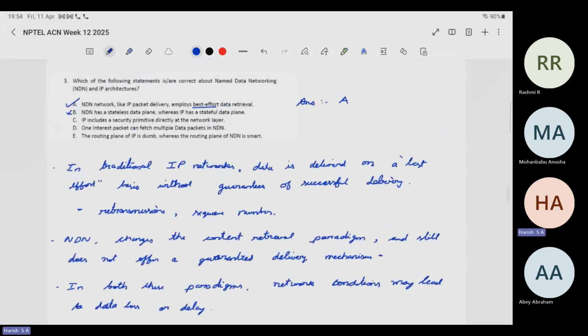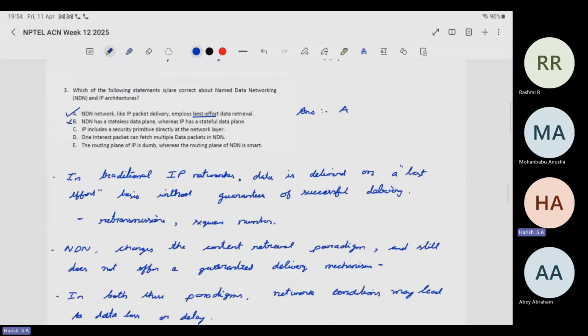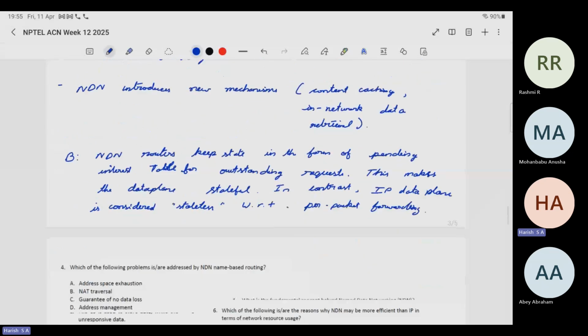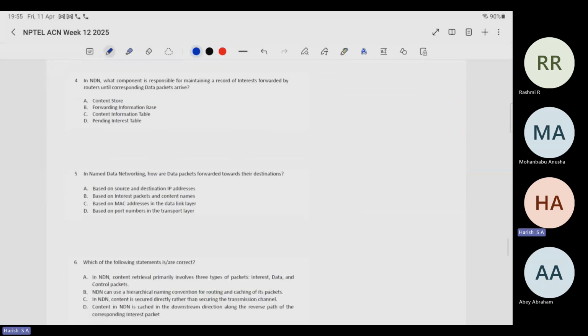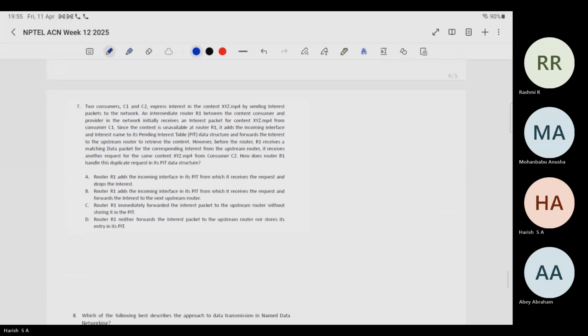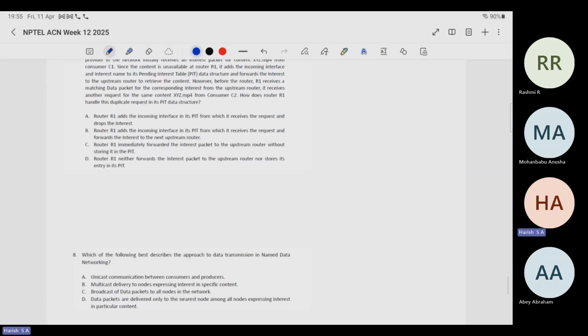And what do they say next? They say IP includes a security primitive directly at the network layer, right? So this is a very good question actually.